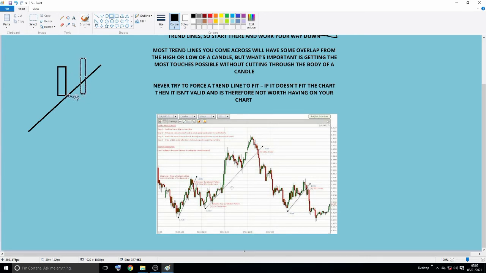The minute the candle closes below that trend line, there are high chances that the trend line has been broken. If it cuts through the body of the candle, that means that trend line is invalid, or it's broken, right?